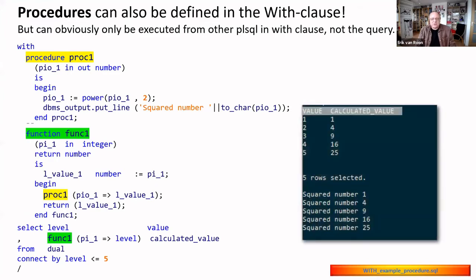If we run this, then we see that it actually works. So we can have procedures and we can execute them from other procedures and functions in the with clause. I personally don't expect to see a lot of queries with procedures declared in them, but at least now you know that if you need it, you can do this.